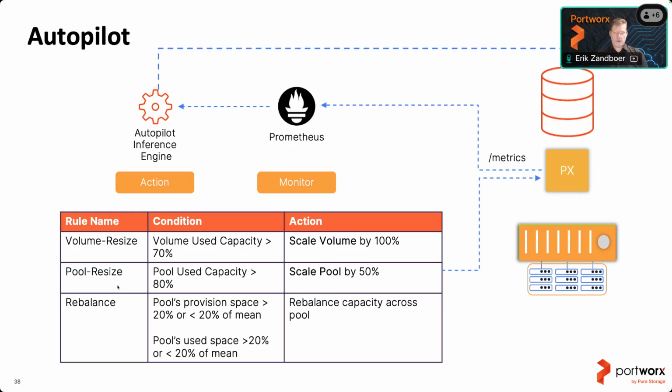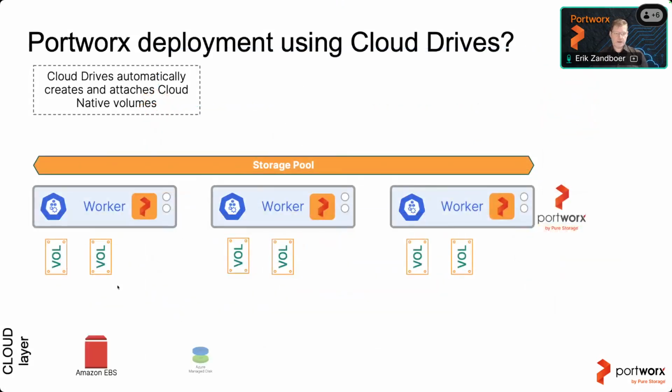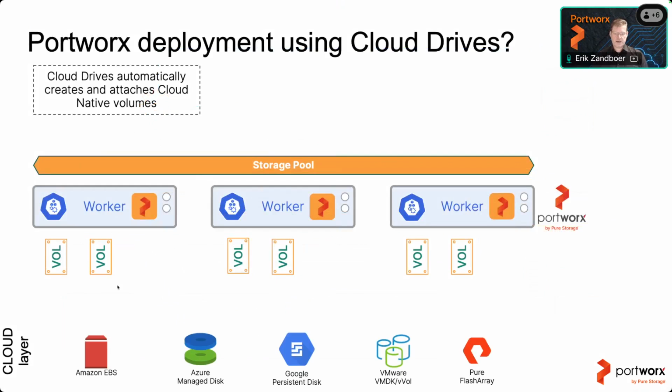So imagine, especially when you have this case, maybe doing a pool resize, this makes it particularly interesting. In this case, I have like 2 volumes per worker, and I have a storage pool. Now if I were to drive that, I could do it manually.